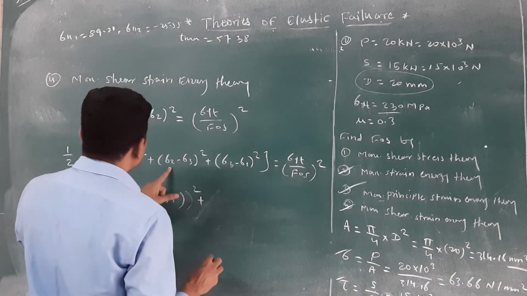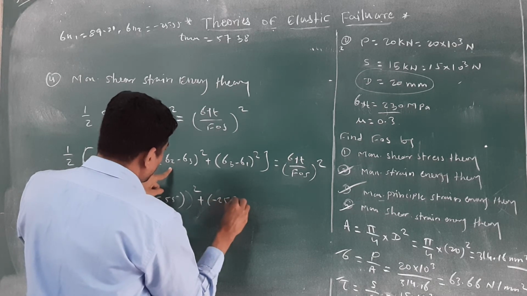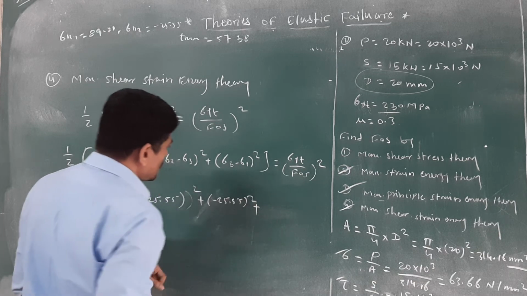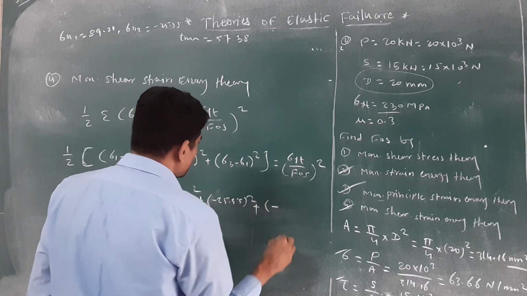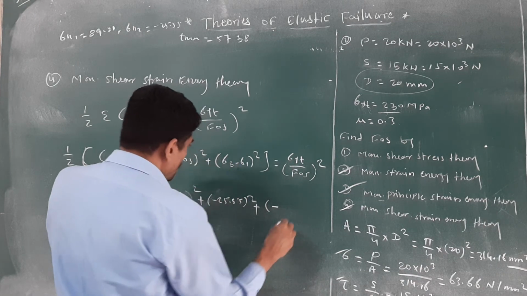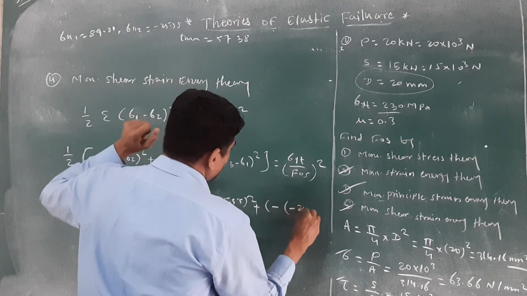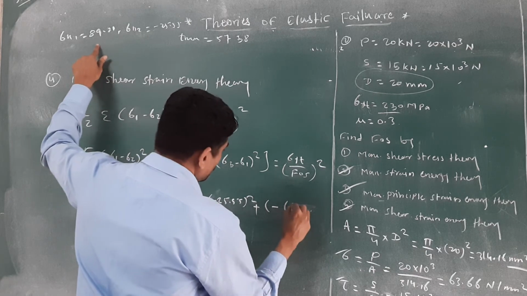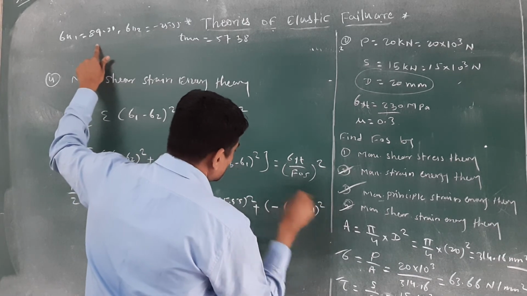What is the sigma 2 value? Minus 25.55 bracket square, then plus, again check that we don't have sigma 3, then again minus. Okay, this minus as it is, again we have the minus value, minus 25.55, and we have the plus value 89.21 bracket square.